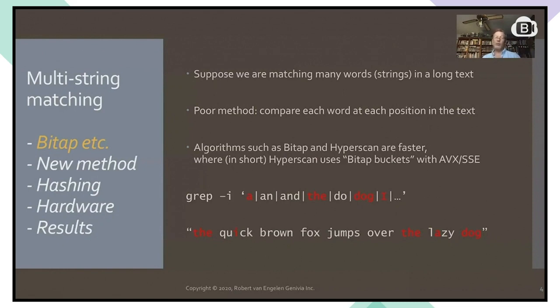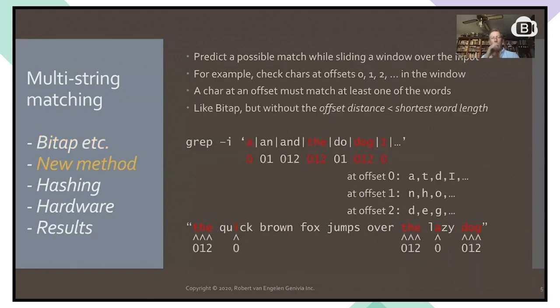So in this case it would be 1, the shortest word, or 2 short words as A and I, they're both of a length of 1. So the window size that Bitap uses is fairly short. With Hyperscan, you can make buckets of these, so there's some way to get around it, but as long as we are looking for hundreds of thousands of words, then Hyperscan is not going to help much.